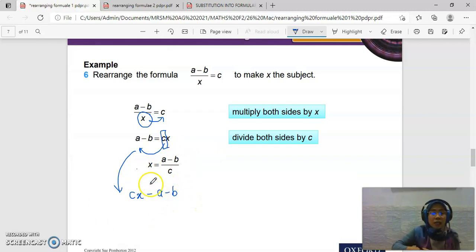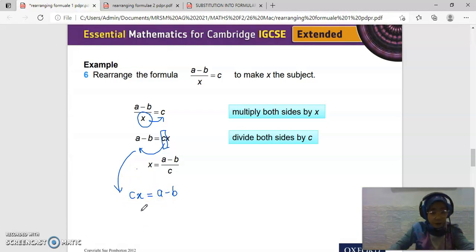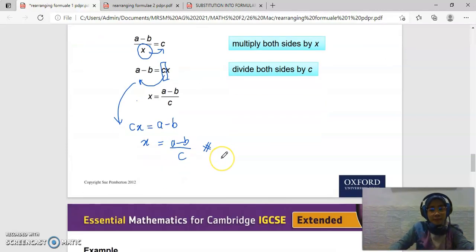This is actually the same equation. To make it less confusing, I suggest you swap the sides of the equation. So x, we make it the subject, so x will be a minus b over c. That is the answer for this question.